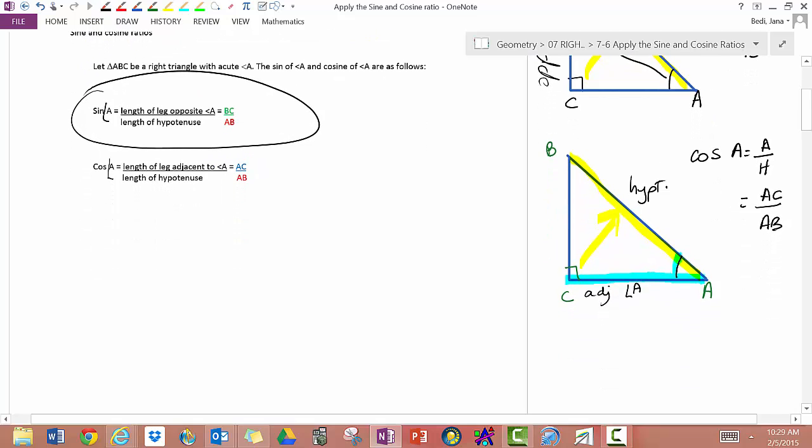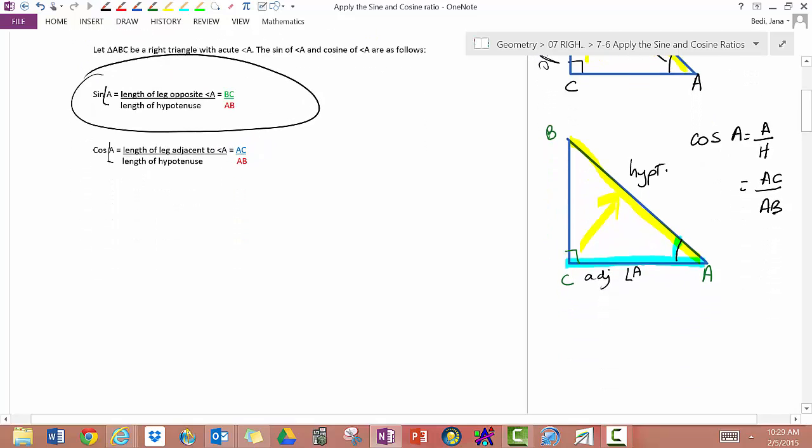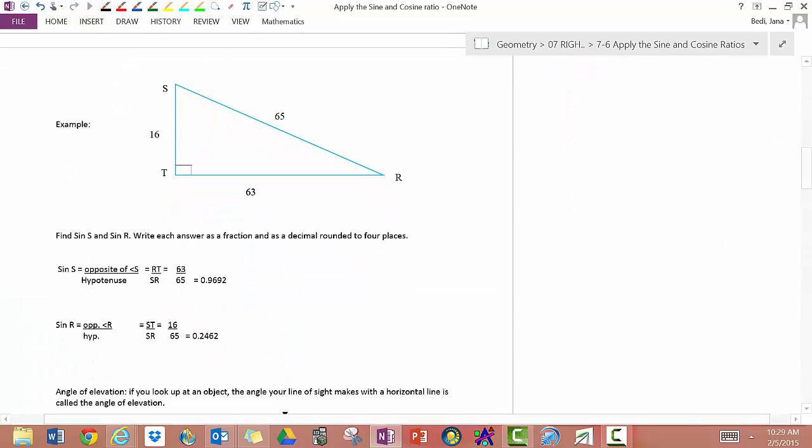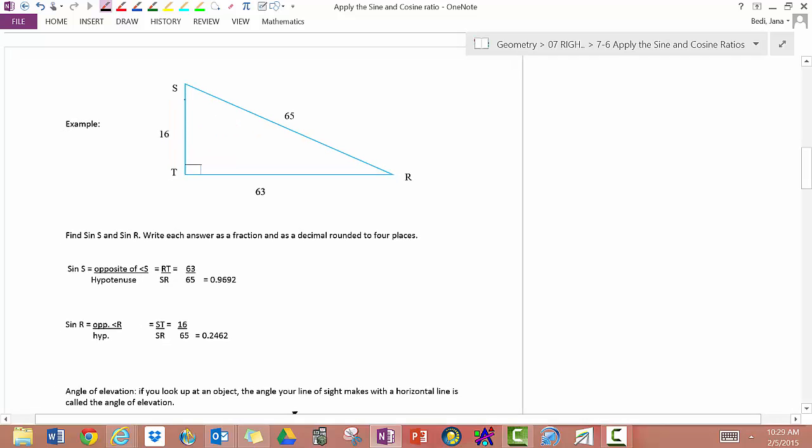Again, it's a ratio, so sine of A and cosine of A will be numbers, and we look at that in this problem. So you want to find sine of S.